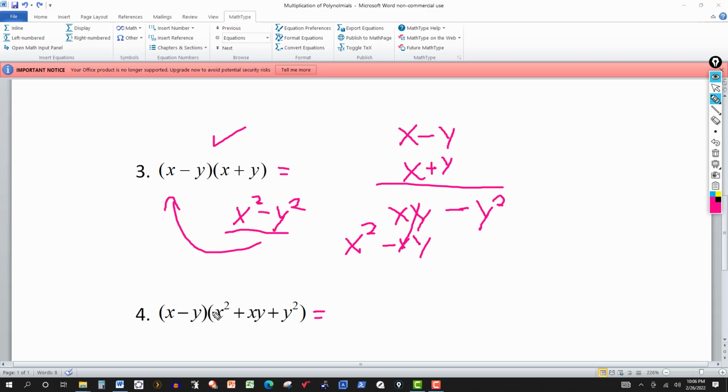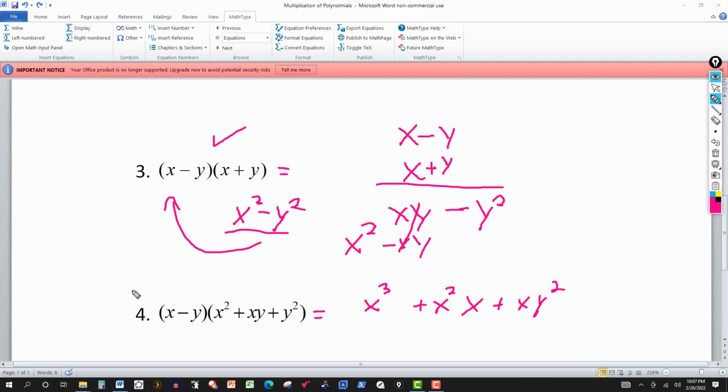So x times x squared is x cubed. X times xy is a plus, and here you want to include the sign, whether it's a positive or a negative. So this would give me x squared y, then x times y squared, I should say x times y squared is xy squared.